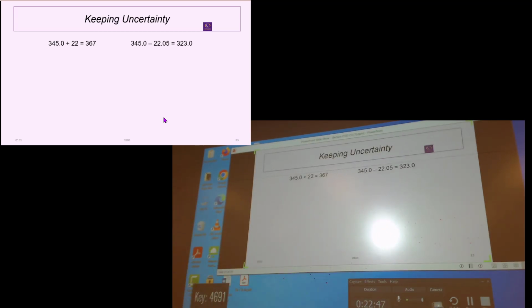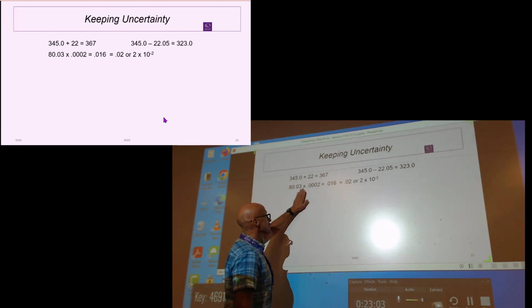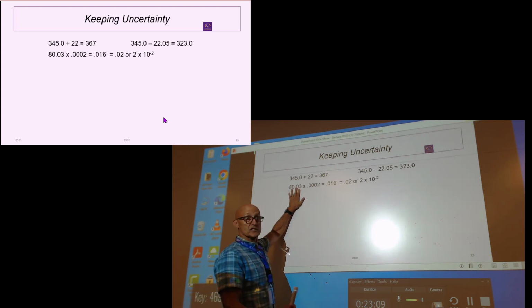So for addition and subtraction, keep the least precise. That's your rule. Pretty simple. What rule am I going to use here? Least precise or significant figures? One has 4 and one has only 1. Significant figures is the way I'm doing it.